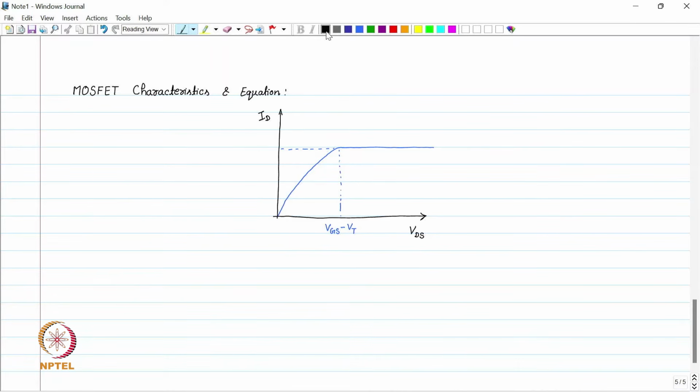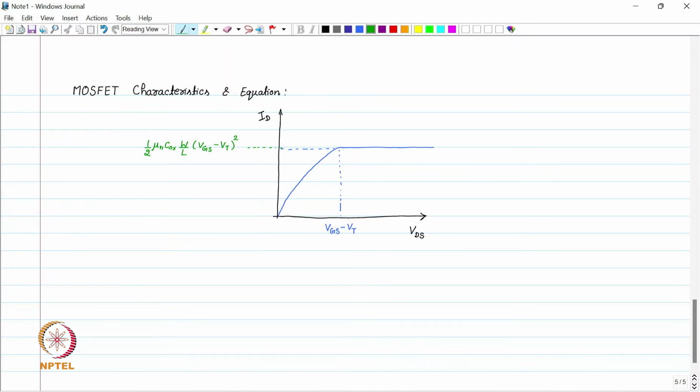The value of this saturation current comes out to be half mu n C ox W upon L (VGS minus VT) whole square. So this is the value of the saturation current.